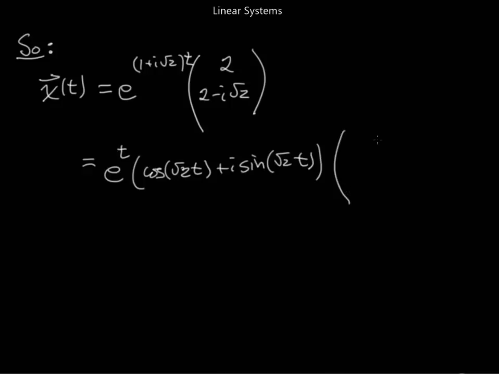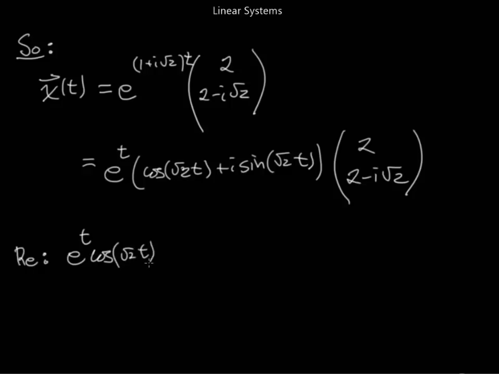And then it's times this vector, 2, 2 minus i radical 2. And as usual, this is a perfectly good complex solution to the equation. There's another one coming from the other eigenvalue, but I'm going to ignore that. I'm just going to take the real and imaginary parts of this guy. So how do I do that?